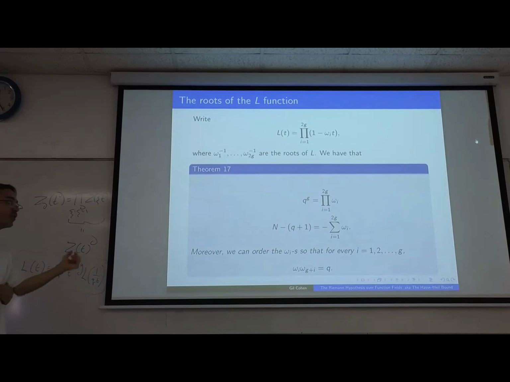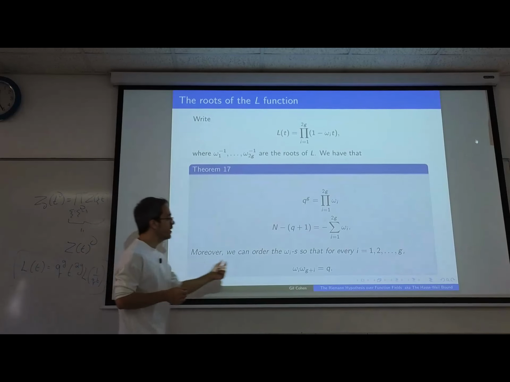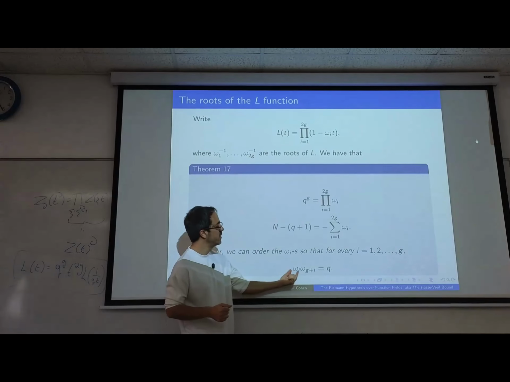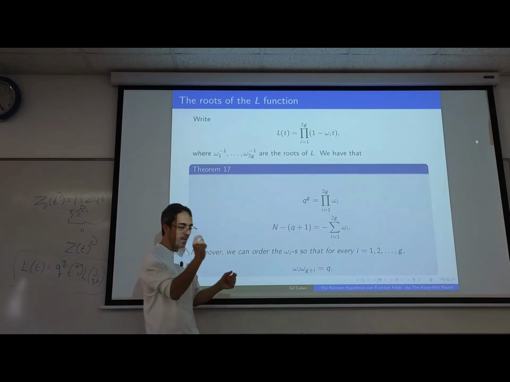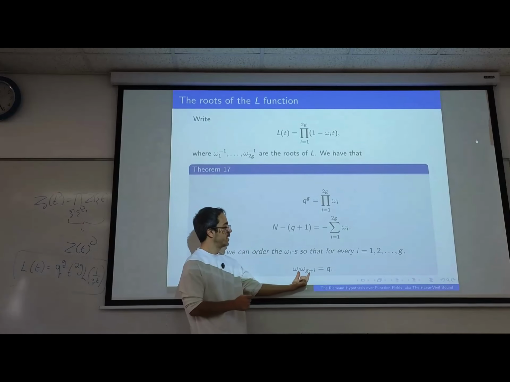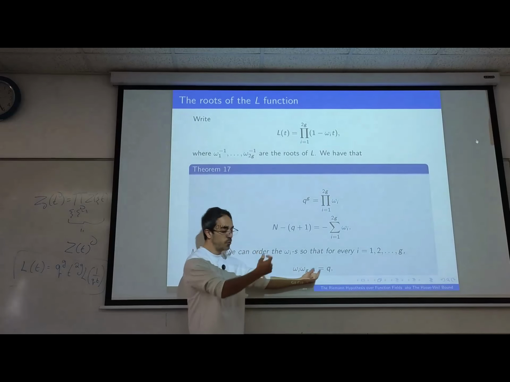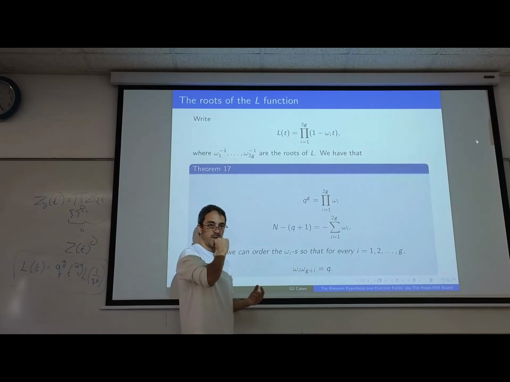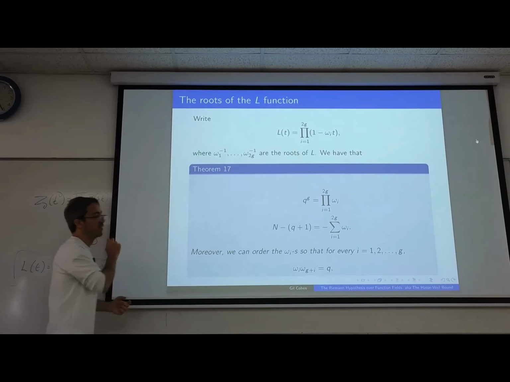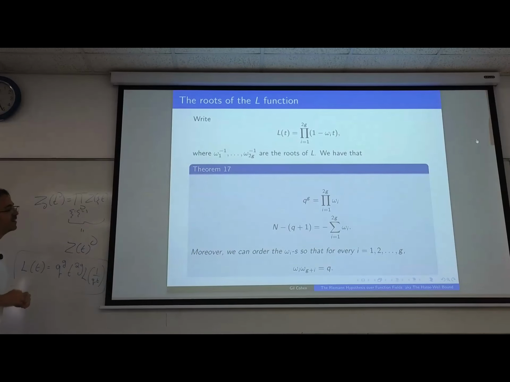What's not obvious and cool is that you can actually pair up the omega i's. You have 2g of them, so you can pair them up such that every pair multiplies to q. That's cool. As complex valued numbers, not just their sizes.